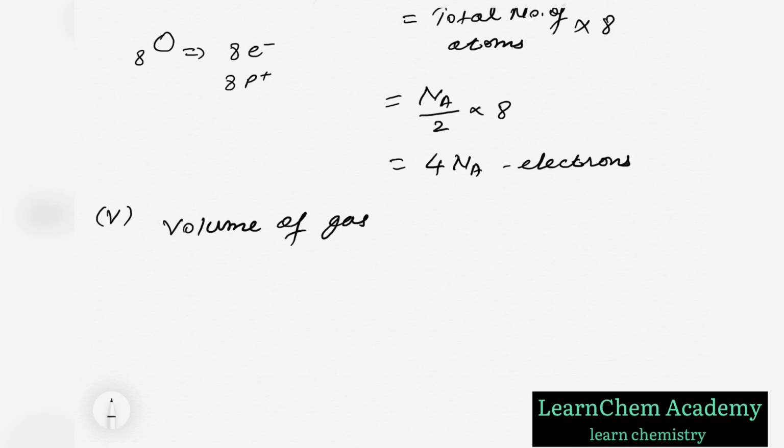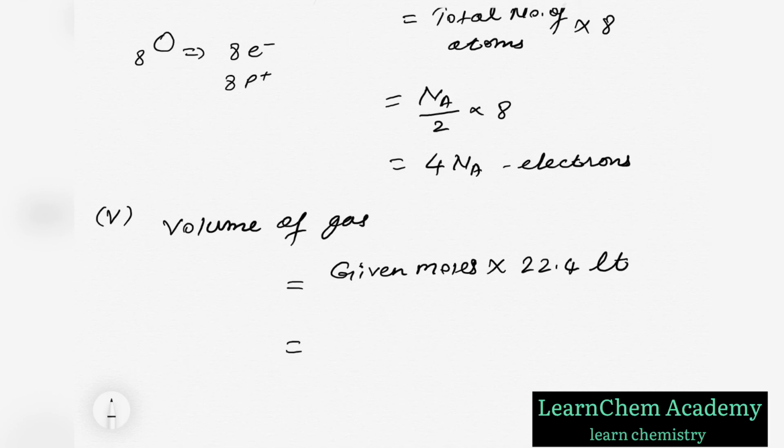So there is a formula: given moles multiplied by 22.4 liter, given moles into 22.4 liter.